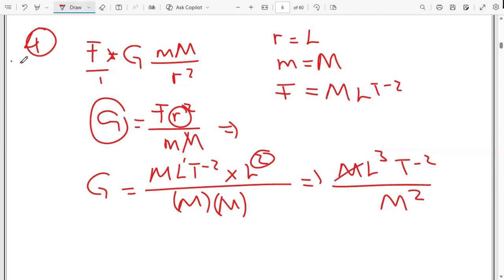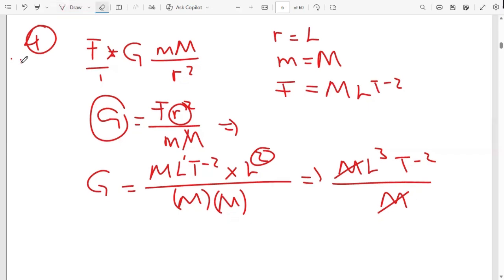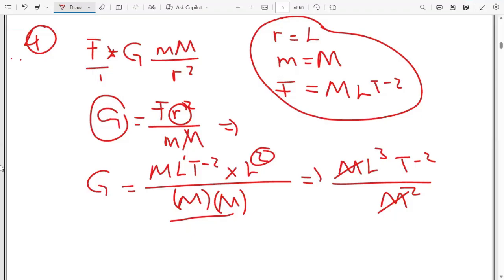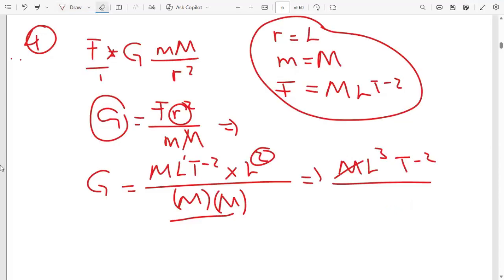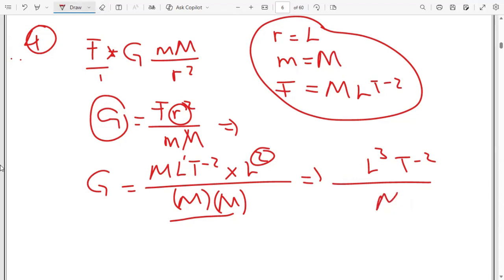From here, this M can cancel out with one of the M's here. If we cancel out 1M from the numerator with one of the M's on the denominator, we're going to remain with 1M as a denominator, whilst we'll have no M on the numerator.